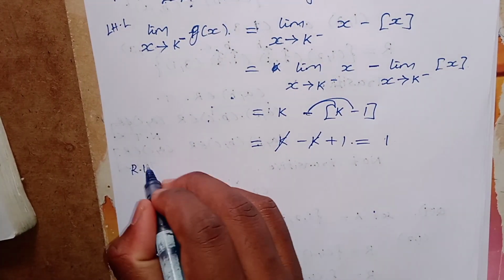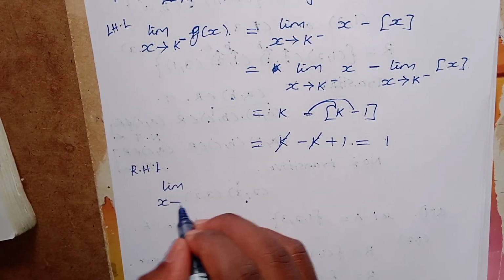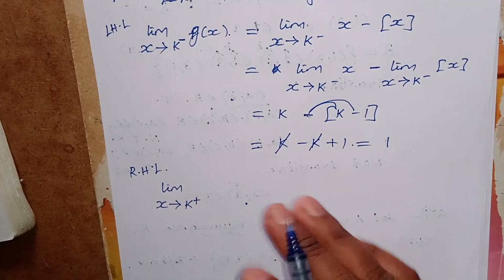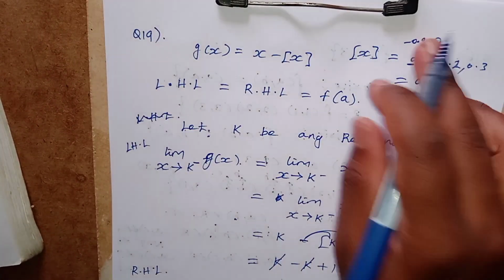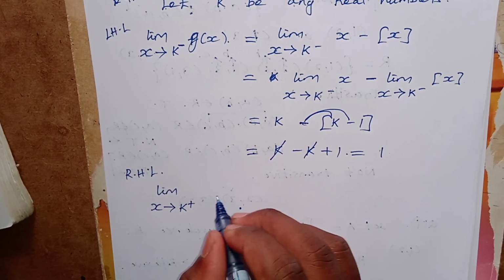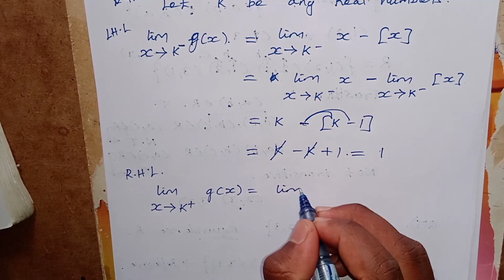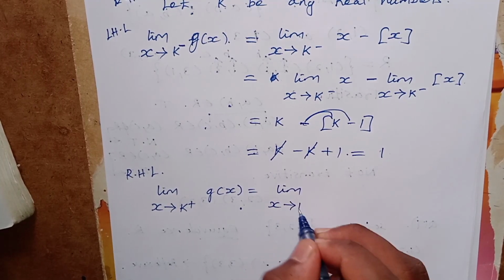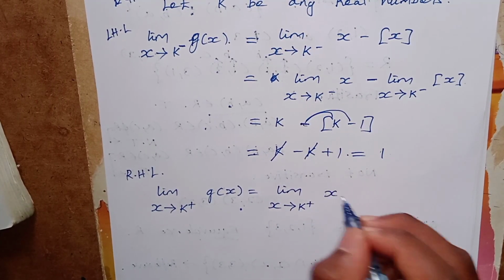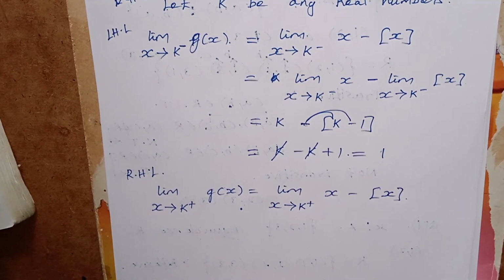For the right hand limit, limit x tends to k plus, just greater than k, like k plus 0.1, 0.2. Here g of x, therefore limit x tends to k plus of x minus the greatest integer function.